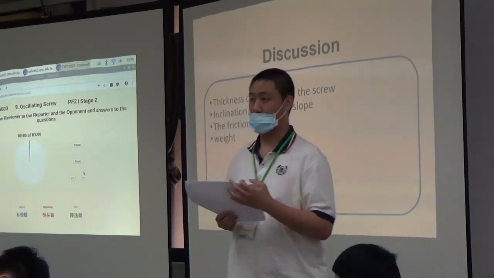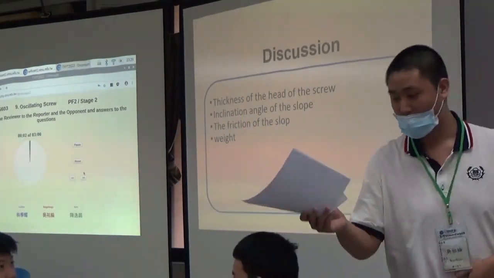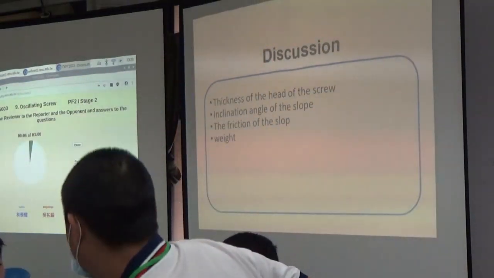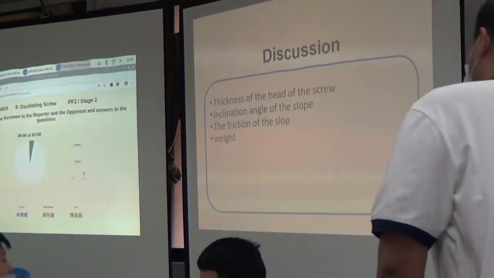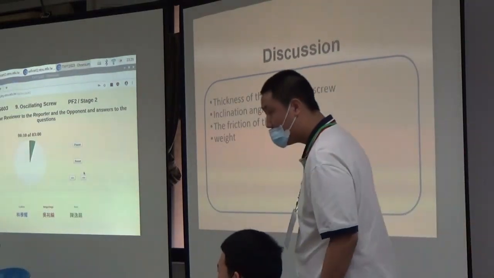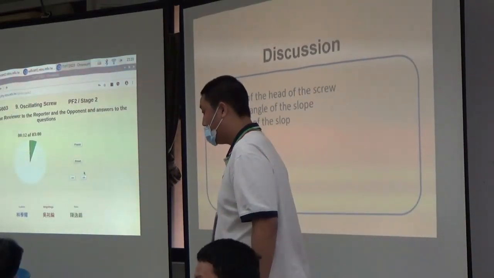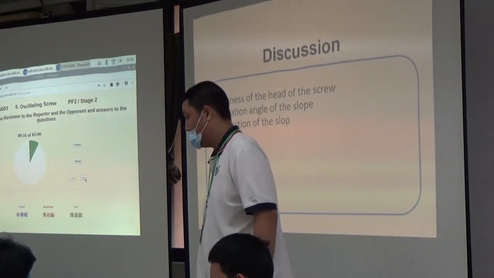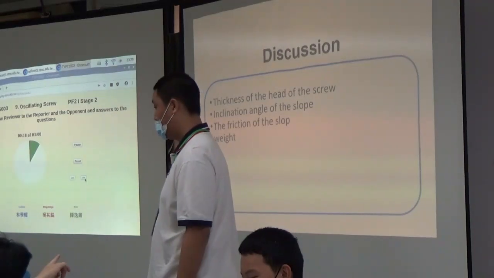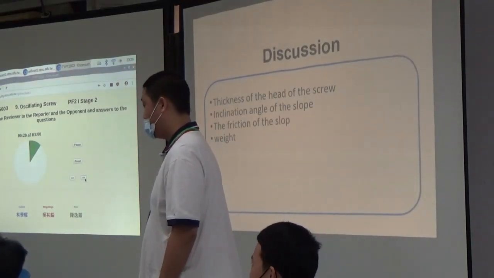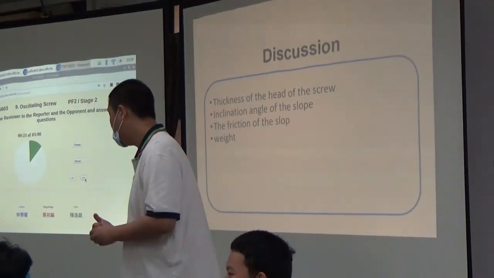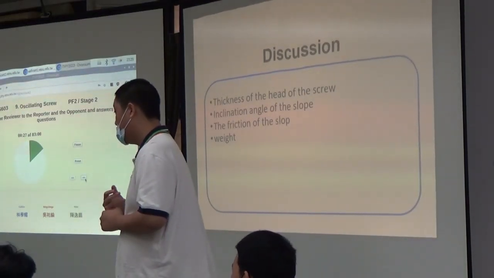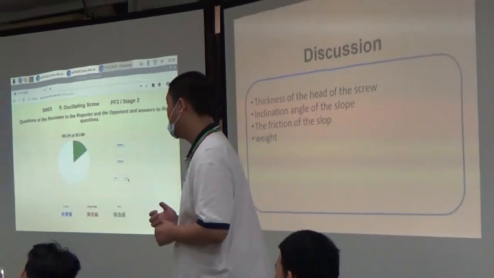Okay. So you increase the length to observe how it affects the oscillation, right? And you also said the mass will not influence the results, the distribution of mass. The screw's mass, will it influence the results?